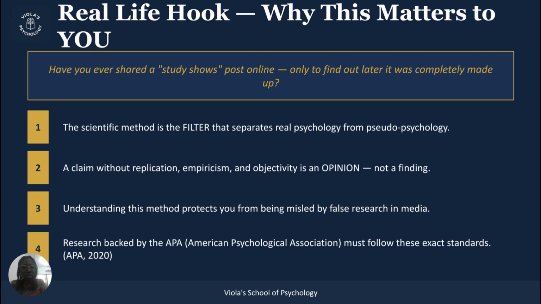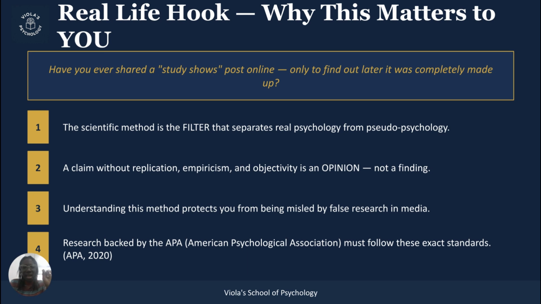Also, a claim that is not backed up by empirical observation is just an opinion, even if the person saying it has a PhD. Take that as a very important thing. Also, a claim that comes from a biased study where the researcher has something to gain from a particular result is not science. It is marketing dressed up in a lab coat.